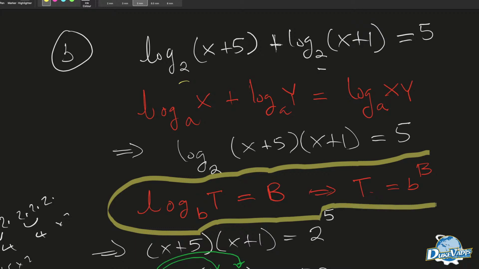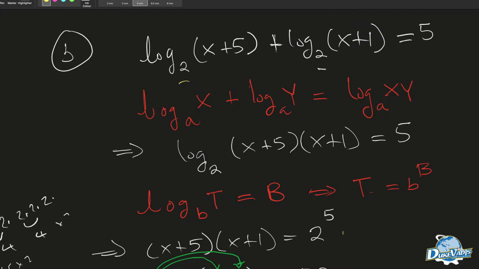This says log to the base b of a certain number t is always equal to a certain number, and in its conversion form, t is equal to b raised to the power. So our log to the base 2 over there will vanish, go up there and carry the 5. So that is why we got this equation.